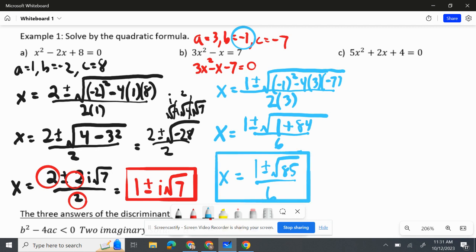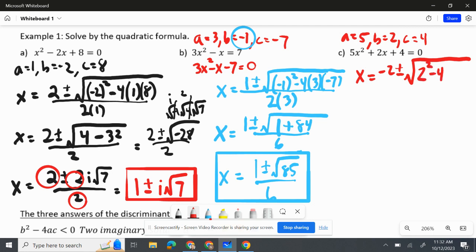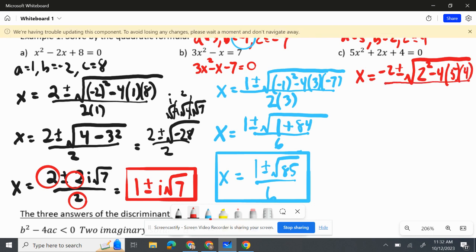Now for letter C, our last one, we have our a value being 5, our b value being 2, and our c value being 4. So we have x equals negative 2 plus or minus the square root. We have 2 squared minus 4 times 5 times 4, all over 2 times 5.